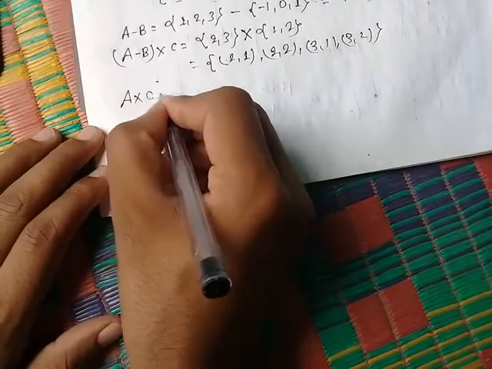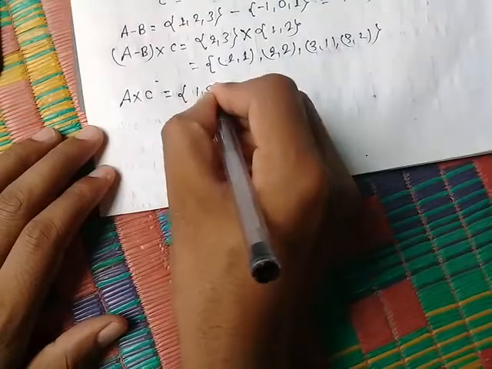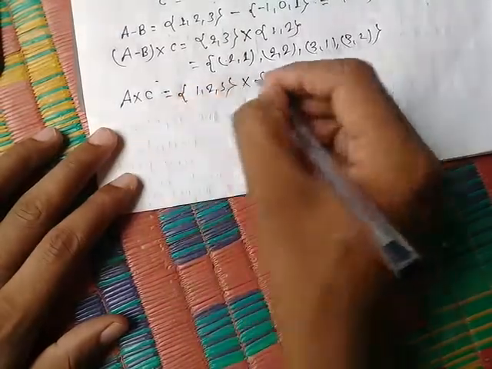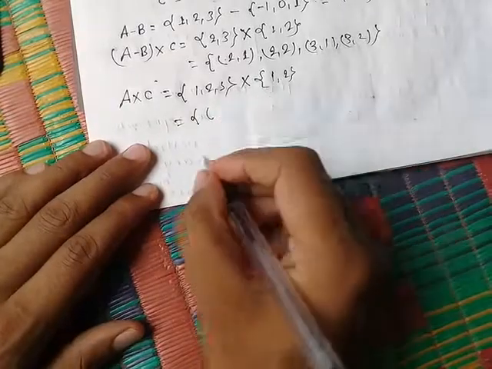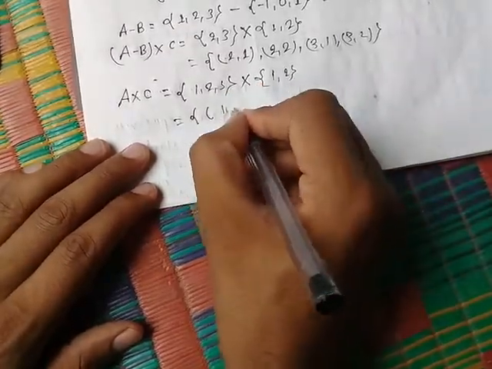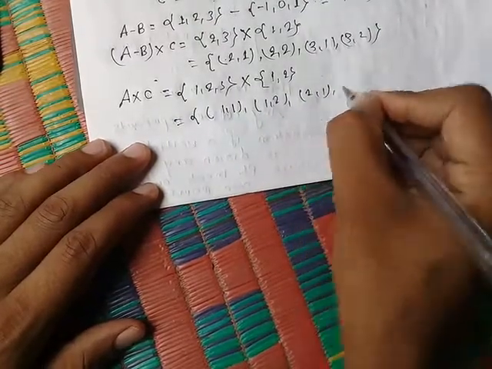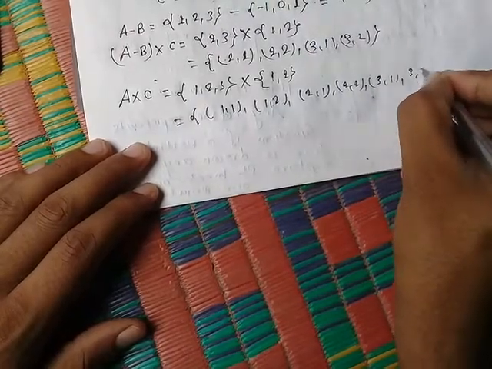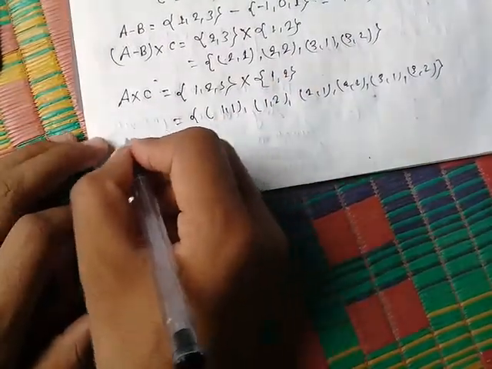Now we have to find A Cartesian product C. A is {1, 2, 3}, Cartesian product C {1, 2}. So the ordered pairs are (1,1), (1,2), (2,1), (2,2), again (3,1) and (3,2).